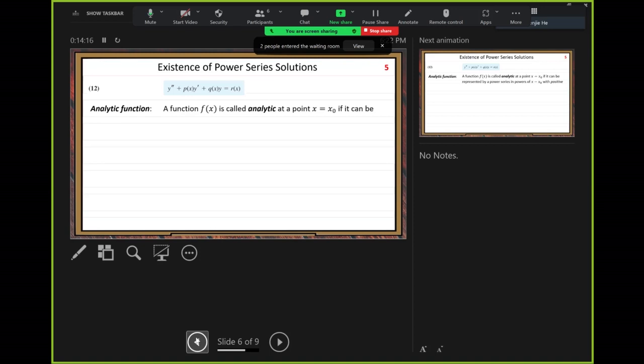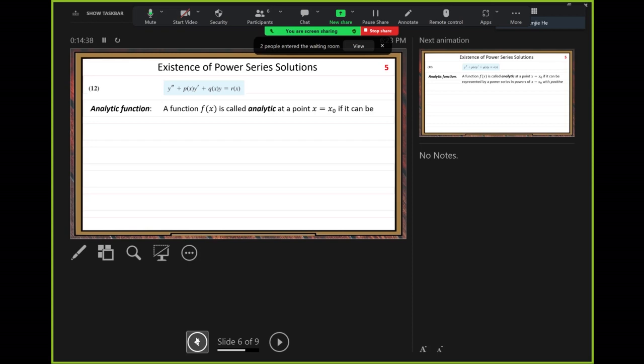A function f of x is called analytic at a point x equals x0 because we want to do the power series expansion for this f function with the center at the x0 point.